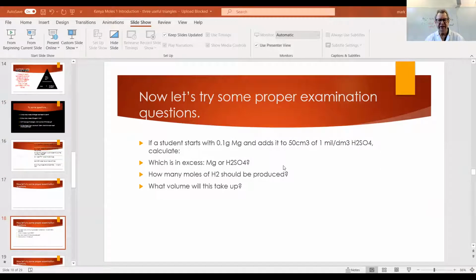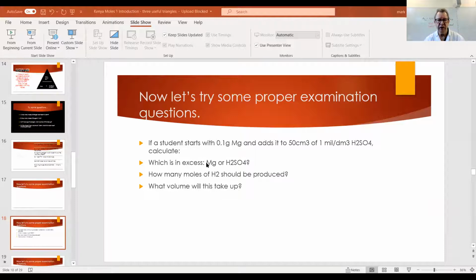So here we are. This is the question. Here it is. It's on my board as well, of course. Which is in excess? How many moles of H2 should be produced? And what volume will that be? So what I'd like you to do is pause it just now and see if you can work that out.